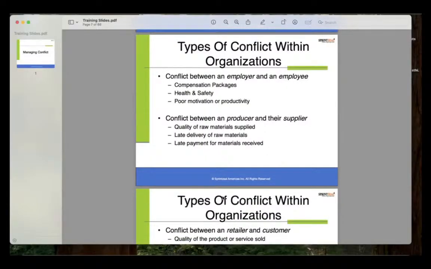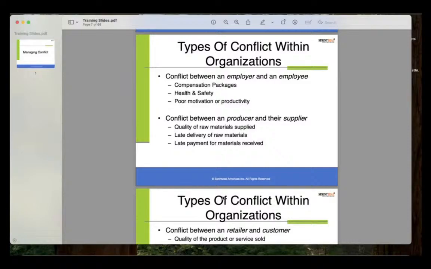So what comes in employer and employee? I'll just give you a little example. If we see the example of compensation packages, what can be the conflict here? Can you give me a situation with the compensation packages? Well, of course, employees naturally will ask for more, and it's in employers' interest to control costs. It's also natural.